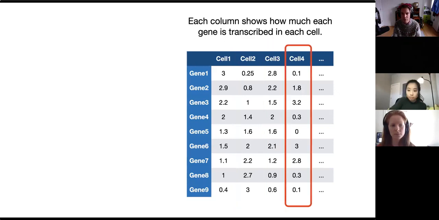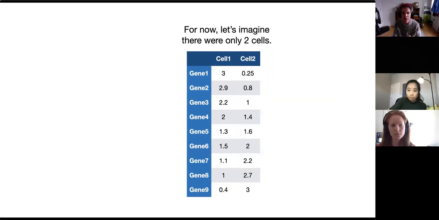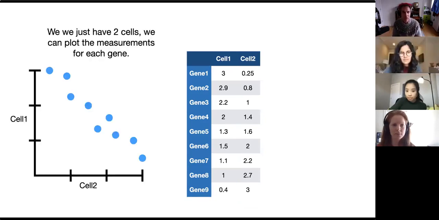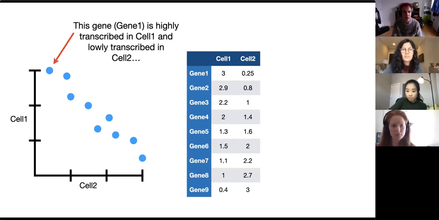Now, let's imagine, just for now, there are only two cells. When we have just two cells, we can plot the measurements for each gene. This gene, gene 1, is highly transcribed in cell 1 and lowly transcribed in cell 2.